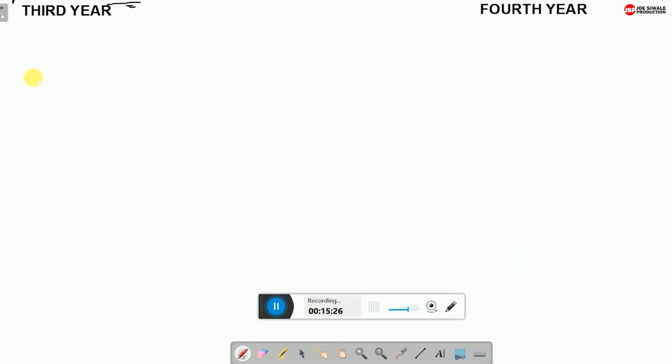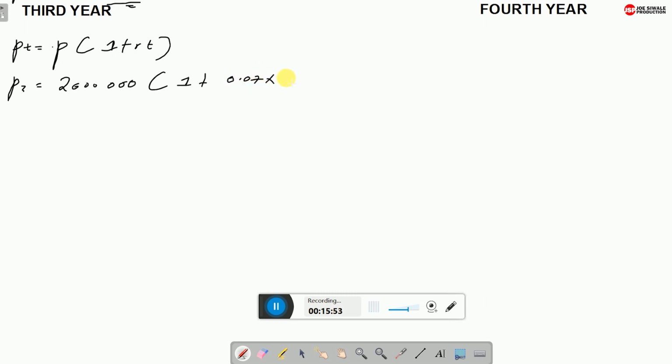Let us now calculate in our third year. So we're going to say our PT is equal to our principal, open bracket 1 plus RT. So our P3 is equal to our principal, that's 2 million, 1 plus 0.07 multiplied by 3.